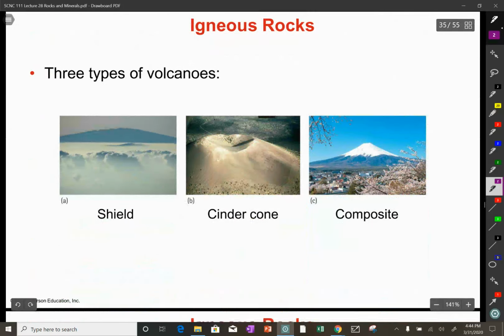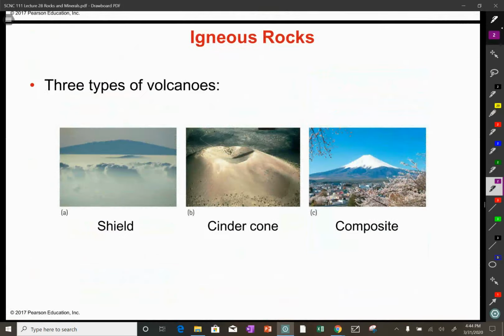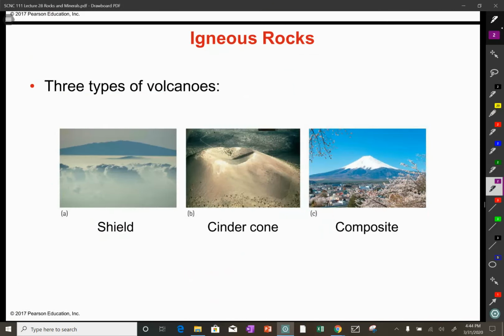And we will stop with this talking about types of volcanoes. There are two fundamental types of volcanoes. The shield volcano, named the shield volcano because the shape is kind of flattish, or the cinder cone. Cinder cones are the ones that have the sharp sides.